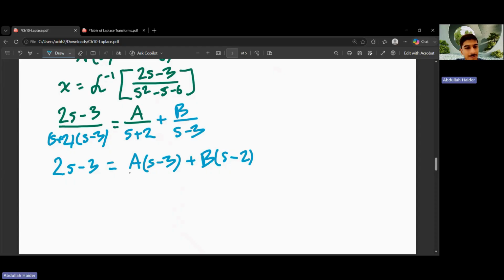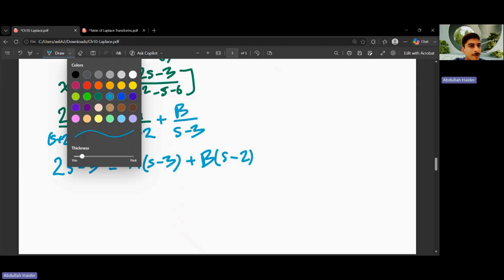You will not always have such a simple partial fraction like this. As I go along the chapter, I'll teach you different ways of finding these constants A and B, because this is basically the main battle of the chapter, finding the constants in the partial fractions and moving forward.